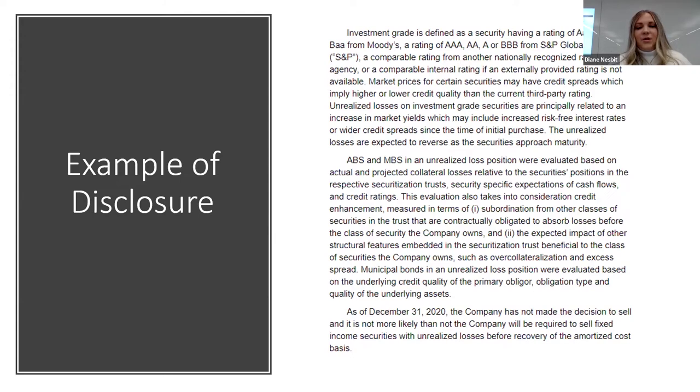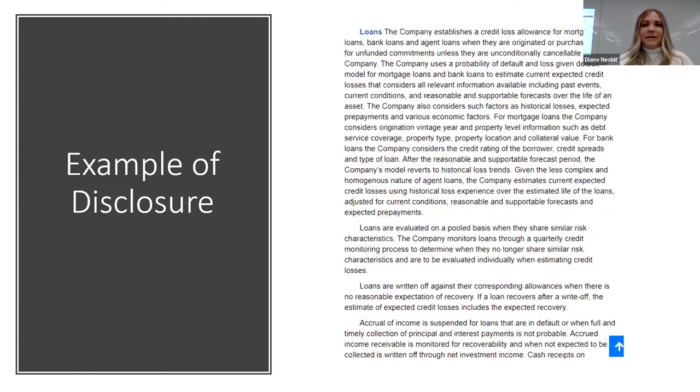And it discloses that decision about not selling and that they're not required to sell, essentially saying they're not permanently impaired and an allowance was established. And again, lots of good stuff here that I'm not going to read through in detail, but some good examples of the policies that need to be disclosed as part of this new standard.